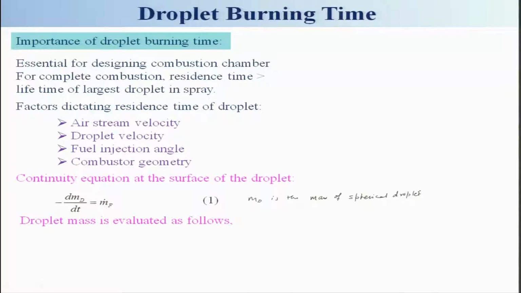I can write m_d as rho_L times V, where rho_L is the density of the liquid fuel and V is the volume of the sphere, pi d cubed by 6.